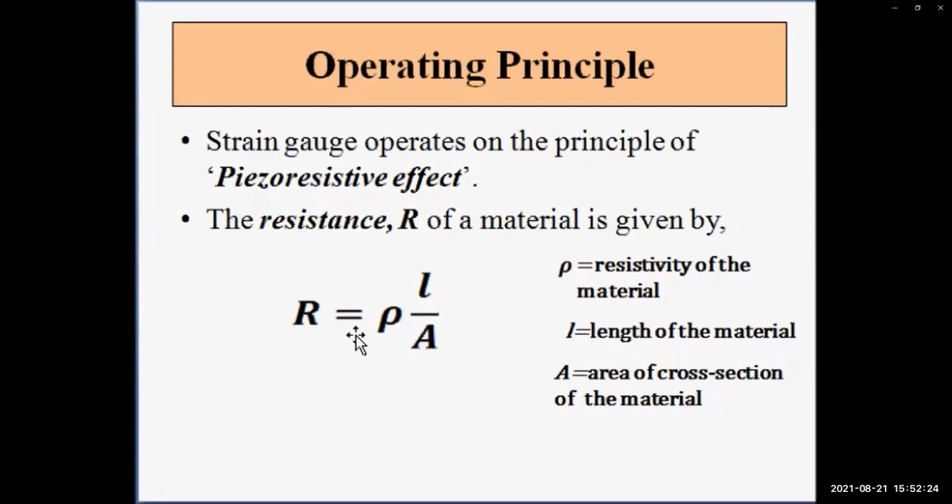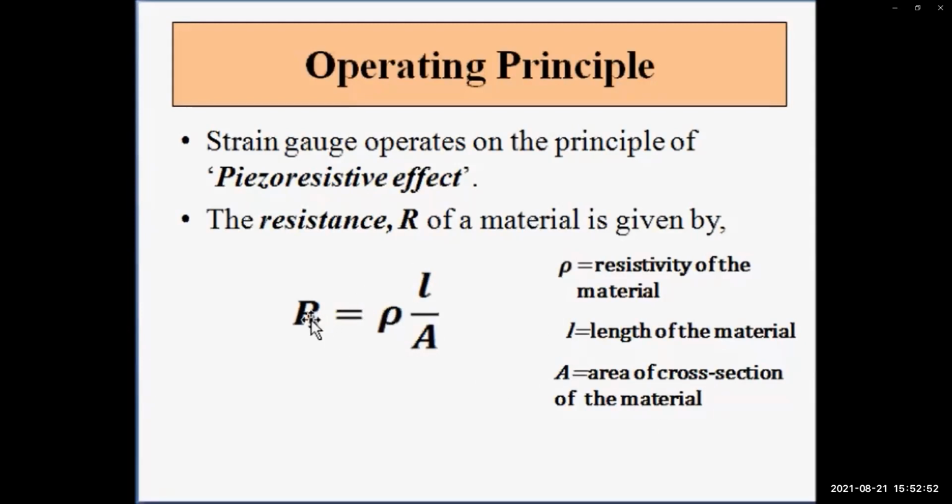Now, here there are three important things to take note of. Resistance is directly proportional to resistivity, resistance is directly proportional to length, and resistance is inversely proportional to cross-sectional area. So if resistivity increases, resistance will increase, and if resistivity decreases, resistance will decrease.